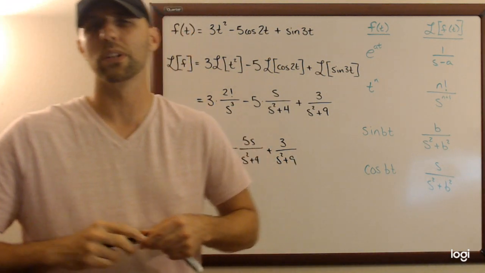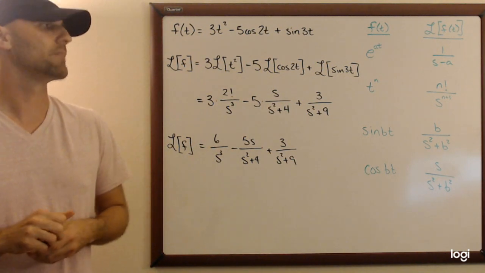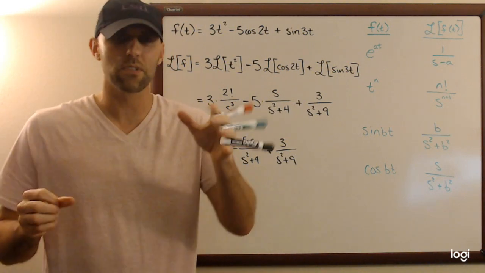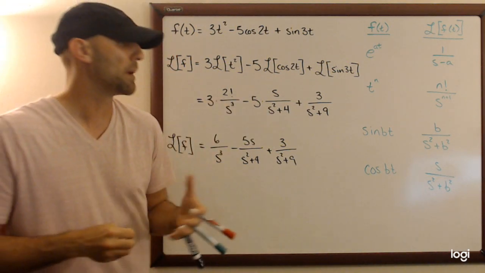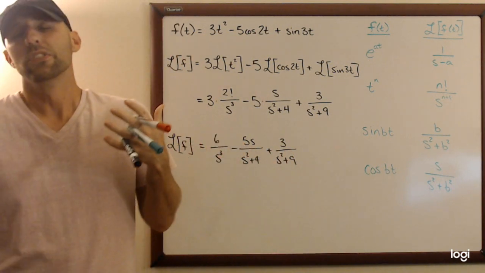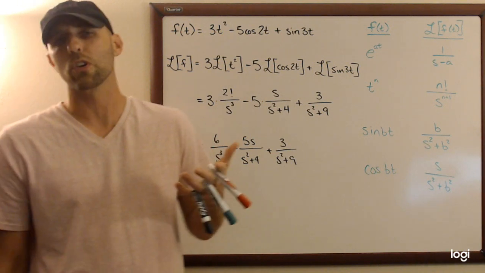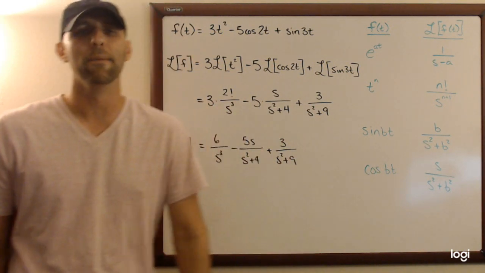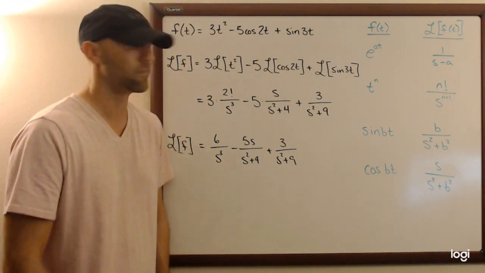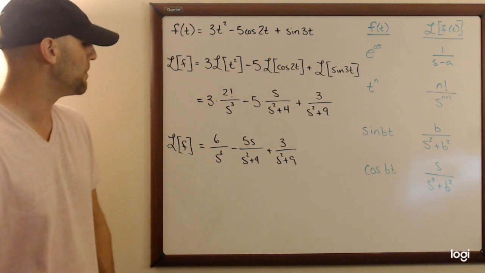I don't really want to unless I have to, and the reason is I may need to take them apart again later. Whenever we start doing full problems involving Laplace transforms, we'll have to make a determination as to whether we want to do several small partial fraction decompositions or one larger partial fraction decomposition. I like doing one larger one, but maybe you don't. You're going to have to make a personal decision on that. Okay, and we'll get to some of those in a minute.